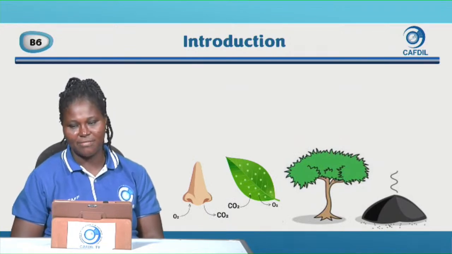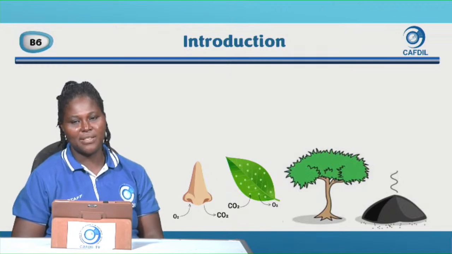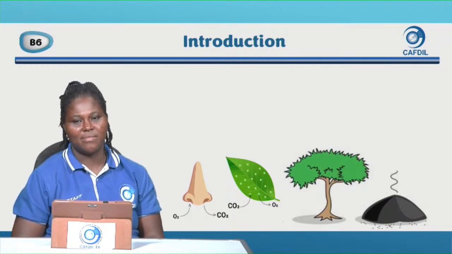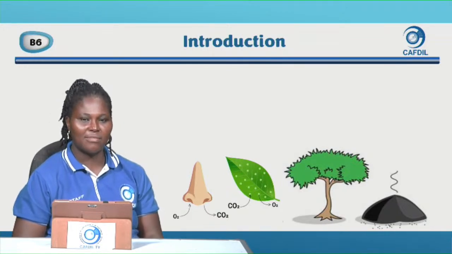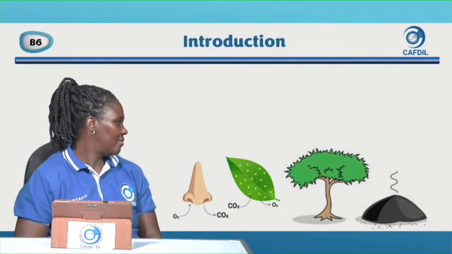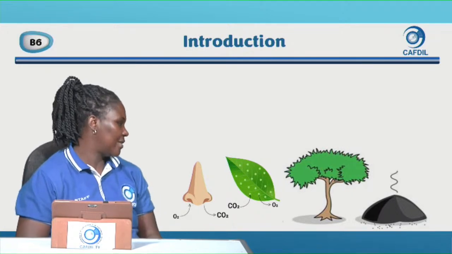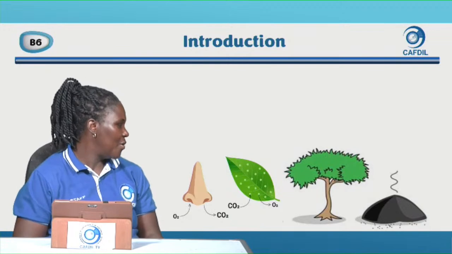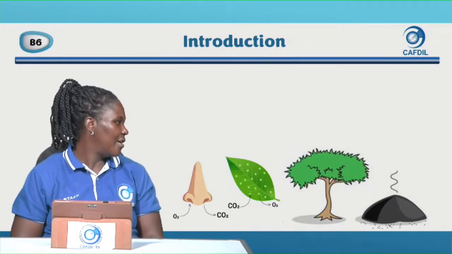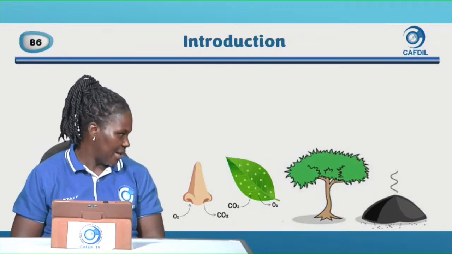So we can see some pictures on our screen. We have plants and animals. Yes, you can see some writings: oxygen, O2, carbon dioxide. So the arrows pointing inside, we take in oxygen and we bring out carbon dioxide.